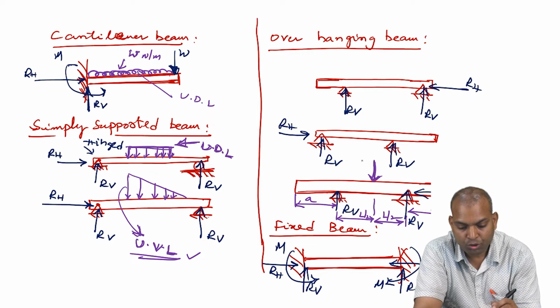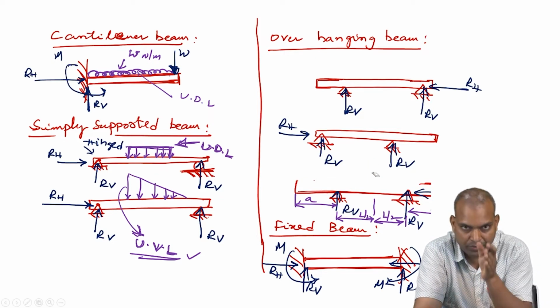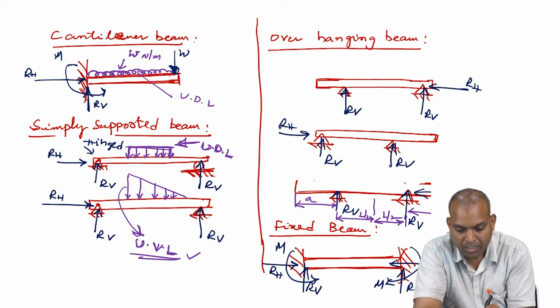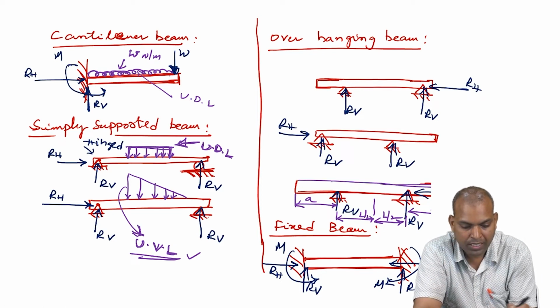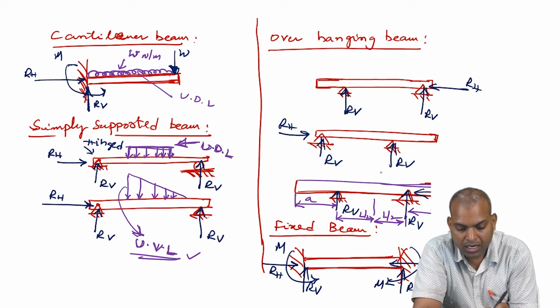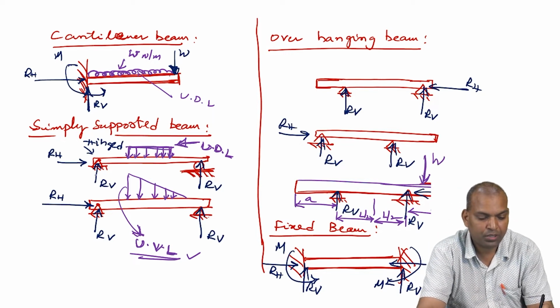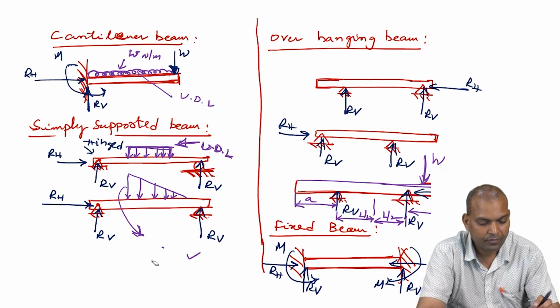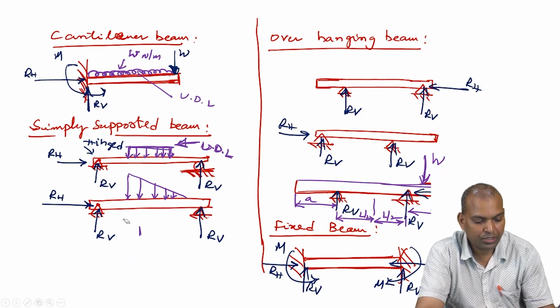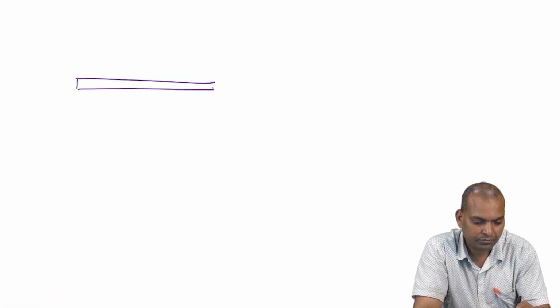Suppose the same point load is acting away from the center, away from the midpoint of the beam, then it is known as an eccentric load. It is not at the center of the beam. In the case of a simply supported beam, consider a simply supported beam.